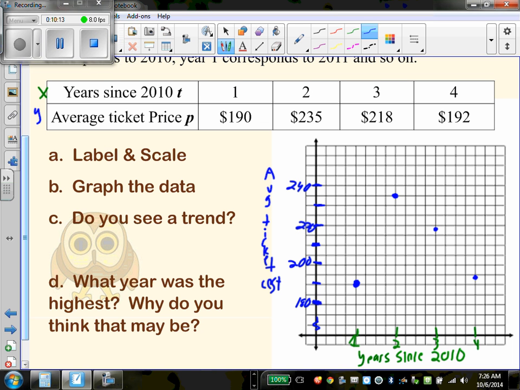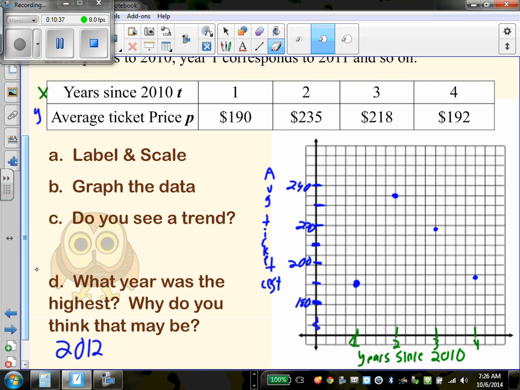All right, so we have our points. What year was the highest? Well, we can see clearly that the best year for ticket prices was 2 years since 2010, so that's 2012. Why might that be? Well, probably because the Packers were great that year. That was the year that they were doing really well.